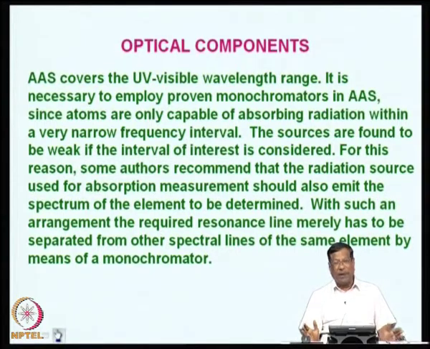It is to separate the resonance line, that is all. So, you need not have a monochromator before the flame, because you are getting only resonance radiation from the source. Once we separate it, other radiations coming from the flame are usually separated by the monochromator.